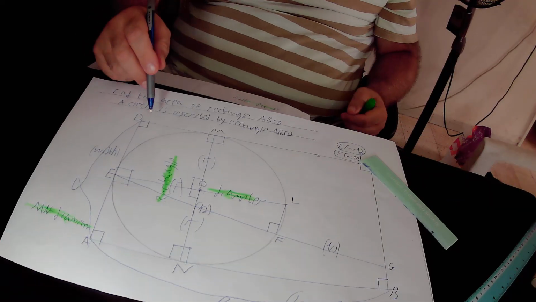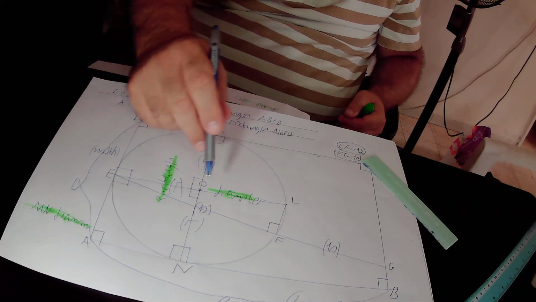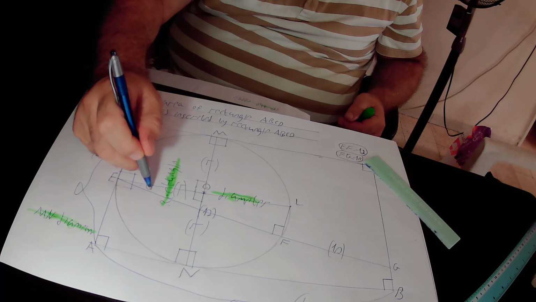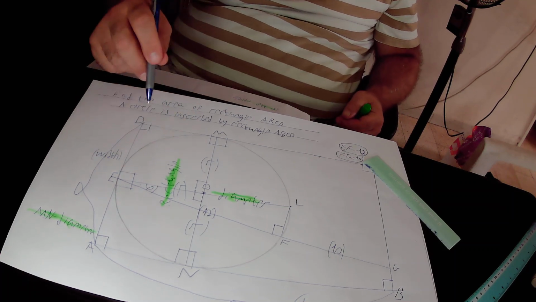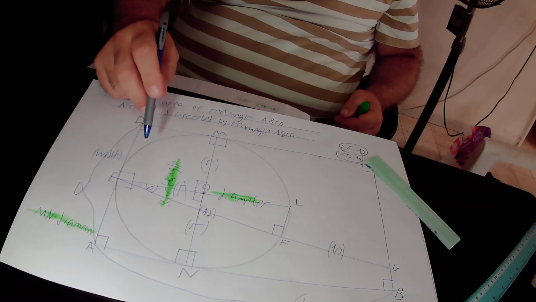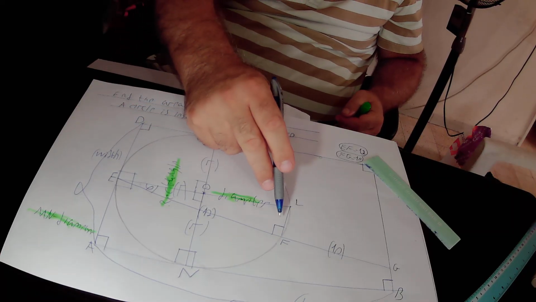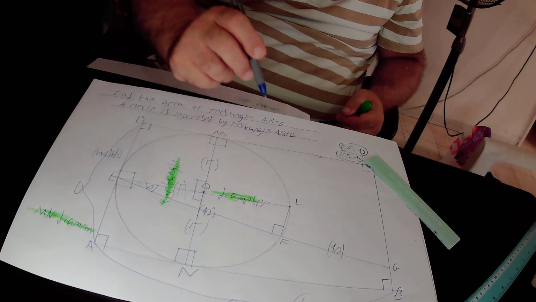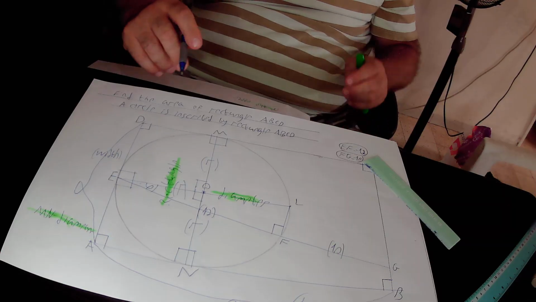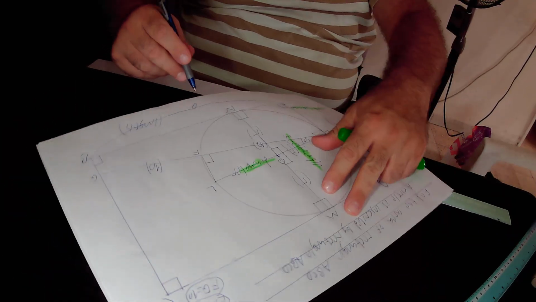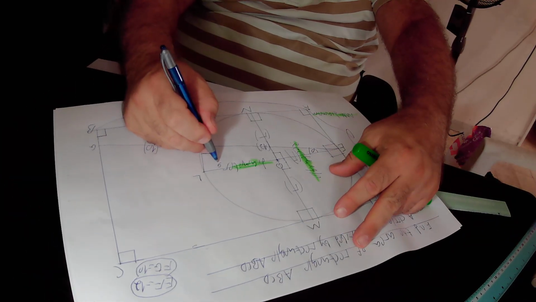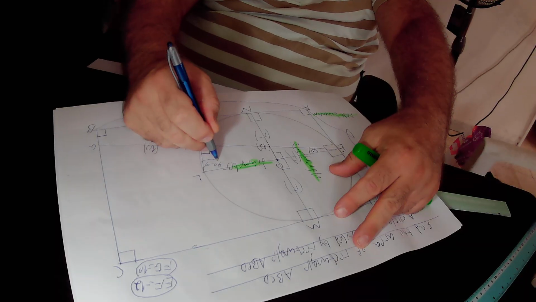We will define angle LEF. This angle is alpha. So in the right triangle ELF, this angle equals alpha, this angle equals 90 degrees. Therefore, this other angle must be equal to 90 degrees minus alpha. Why?